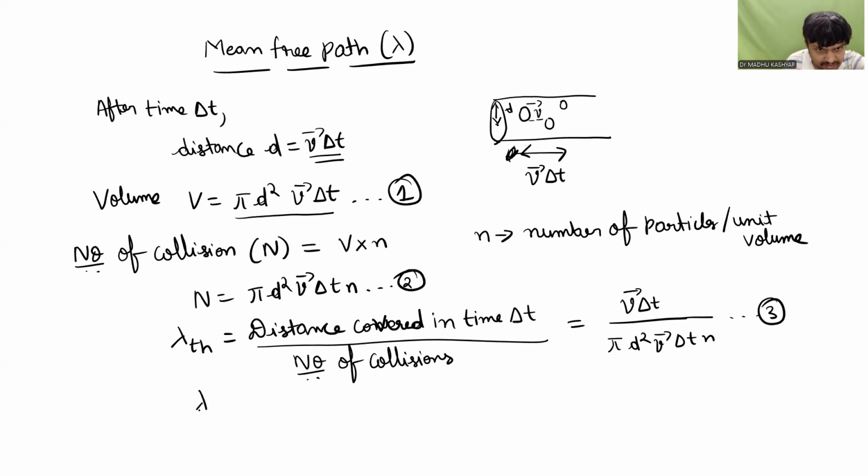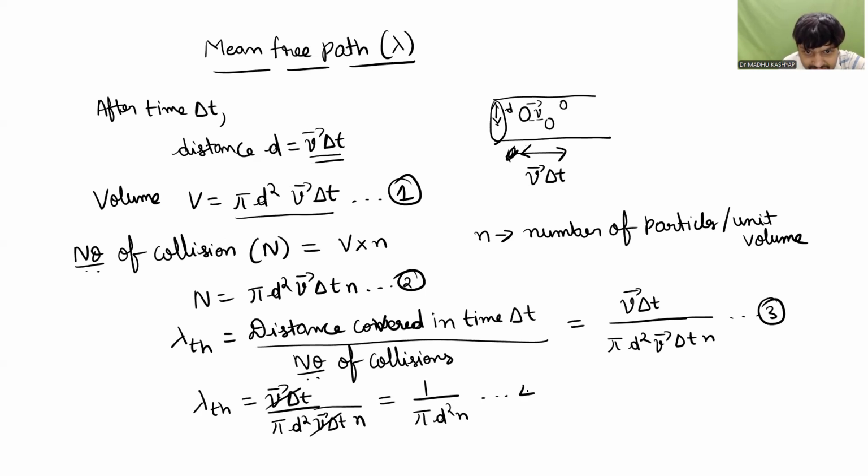Let me first find the theoretical mean free path. Lambda th will be equal to v delta t divided by pi d squared v delta t n. V delta t cancels, and you will get 1 by pi d squared n.